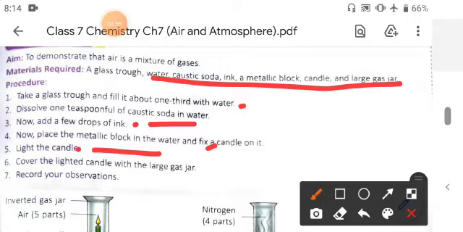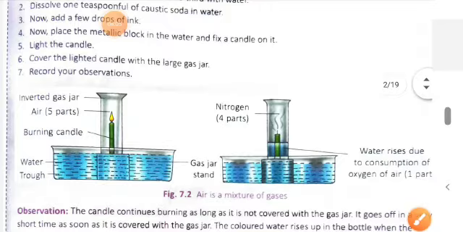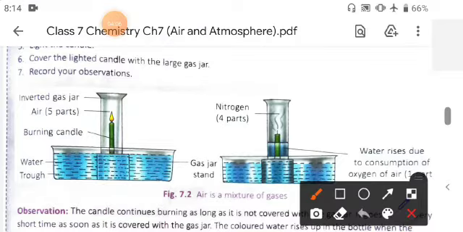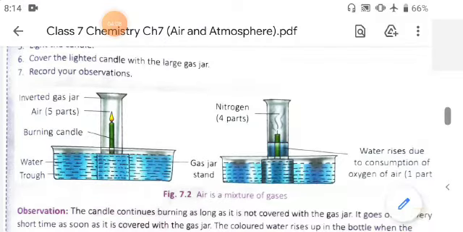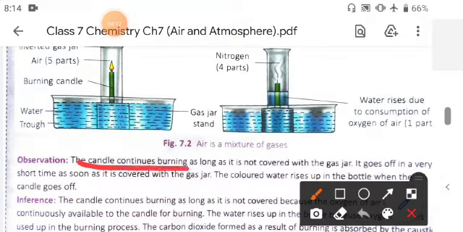When you light the candle and cover the lighted candle with the gas jar, you will start the observation. You will find that in the trough, the candle continues burning as long as it is not covered with the gas jar.